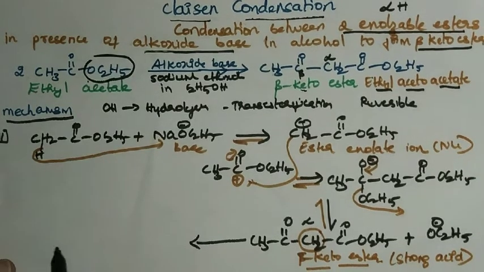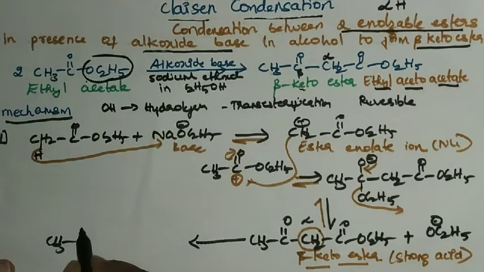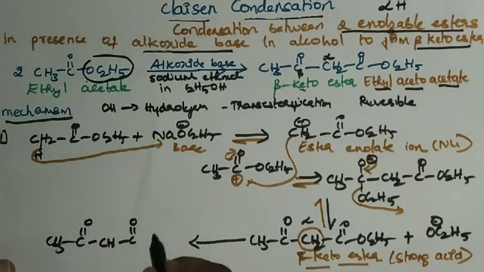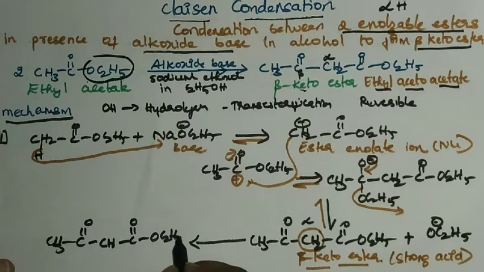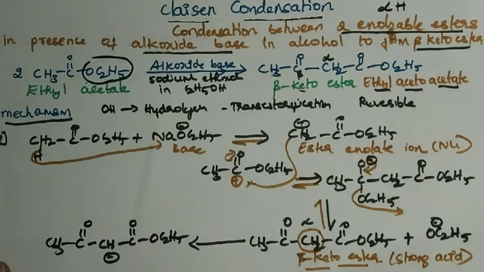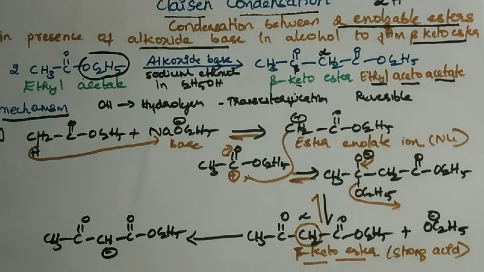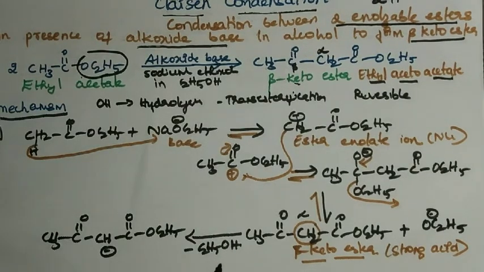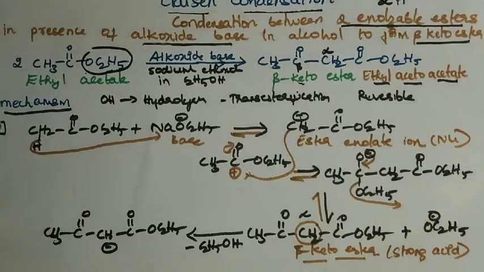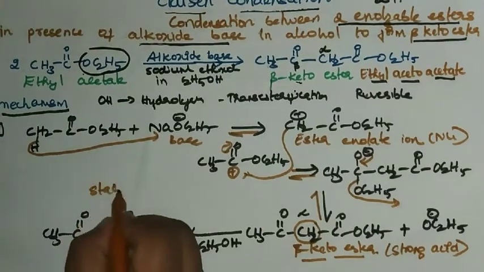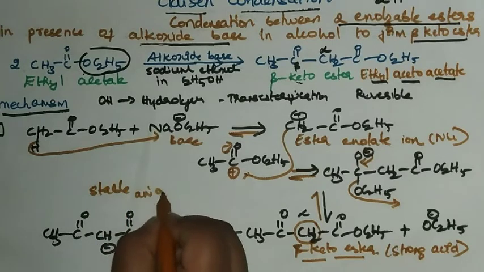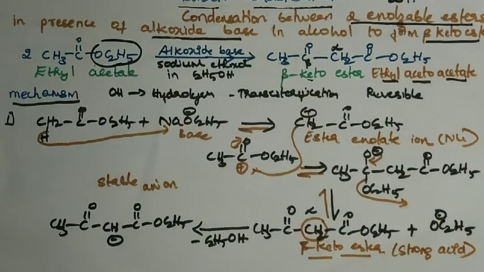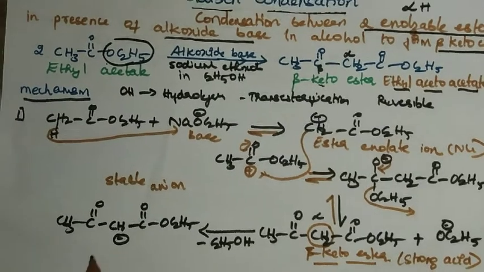So you'll get CH3, C double bond O, CH, C double bond O, O, C2H5 anion, plus alcohol, C2H5OH. So you got ethanol, and this is a very stable anion. The anion is very stable and it will form a sodium salt.